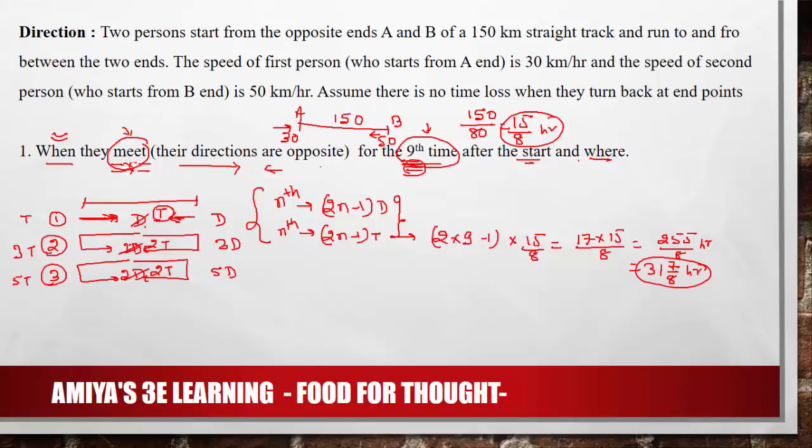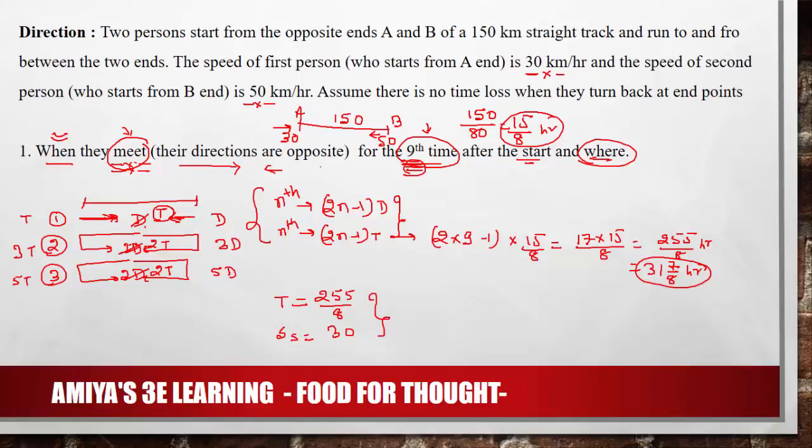Now the question is where they would meet. For the where, generally we run the slower one. Why? Even we can solve for the faster one, but the slower one gives the smaller distance, so the calculation would be easier. We know for the ninth meeting, the total time is 255 divided by 8, and the speed of the slower is 30 km per hour.